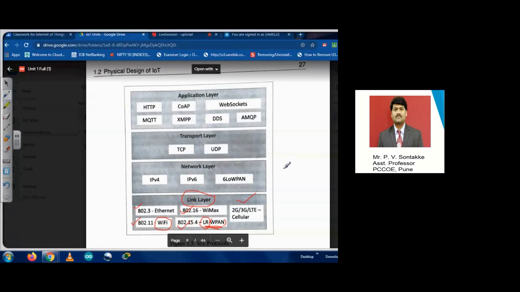Again they will be using CDMA or TDMA technology. Now if we approach 3G, that standard was developed from 1990 up to 2002. It uses WCDMA technology, and the frequency is from 1.6 to 2 gigahertz.